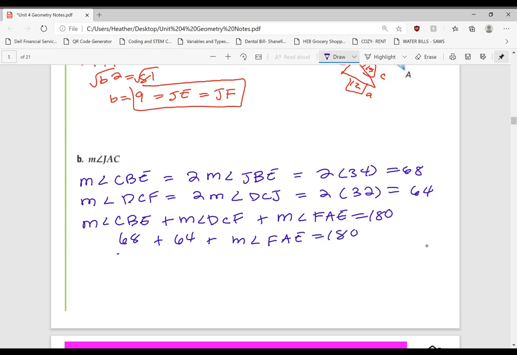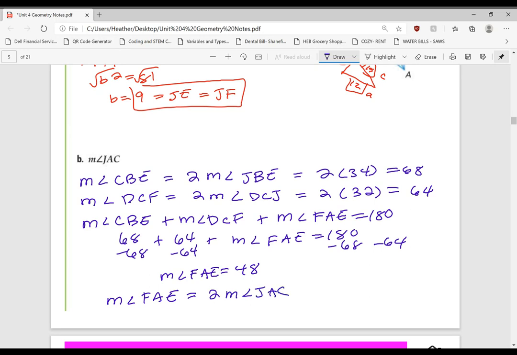If we subtract 68 and 64 from both sides, the measure of angle FAE is equal to 48. Since AJ bisects angle FAE, 48 is equal to 2 times the measure of angle JAC.